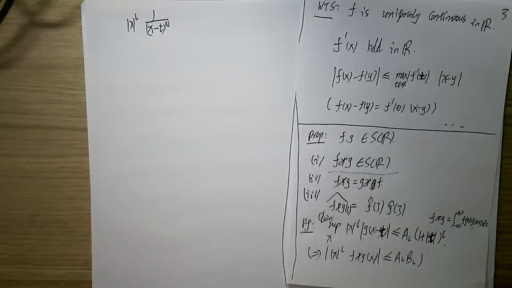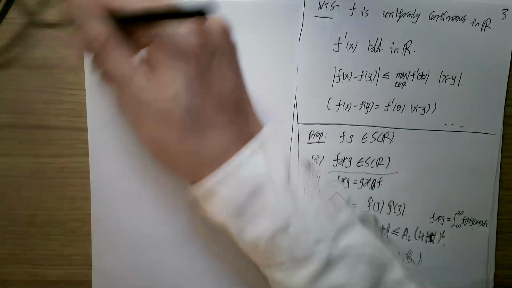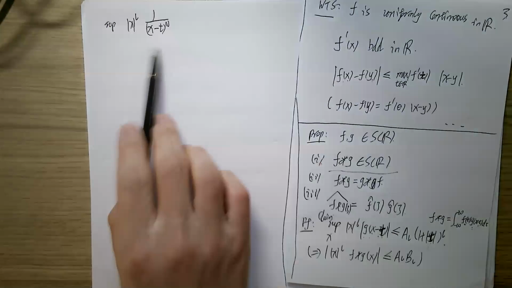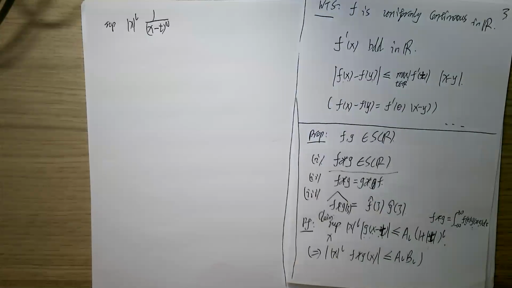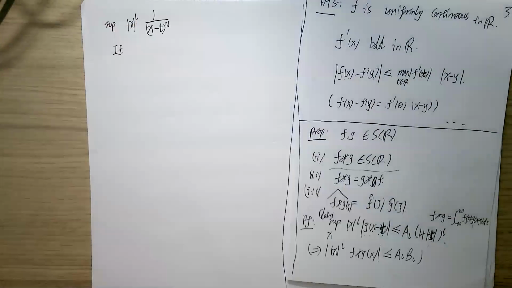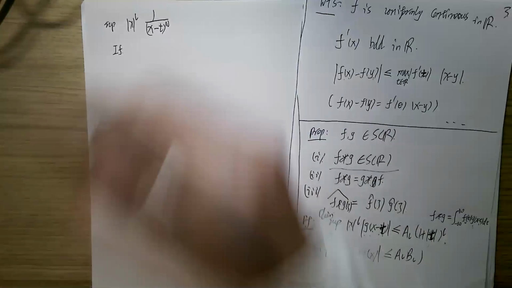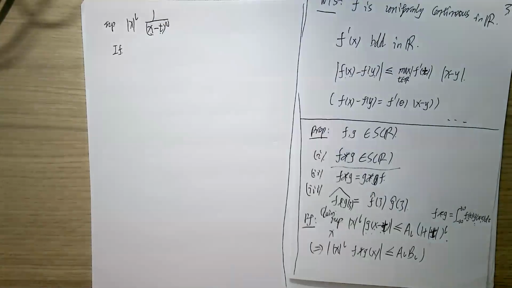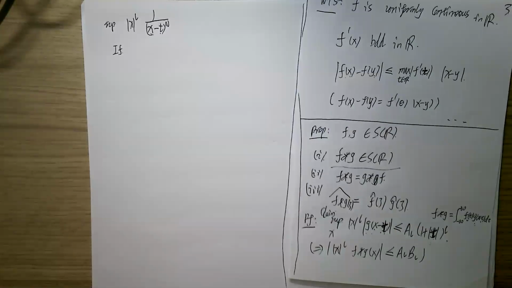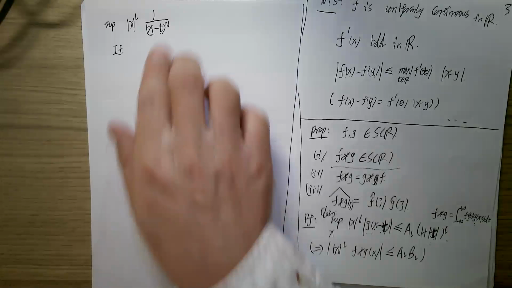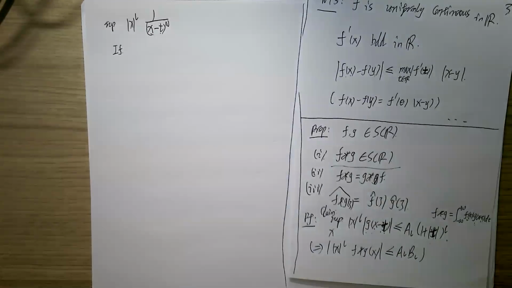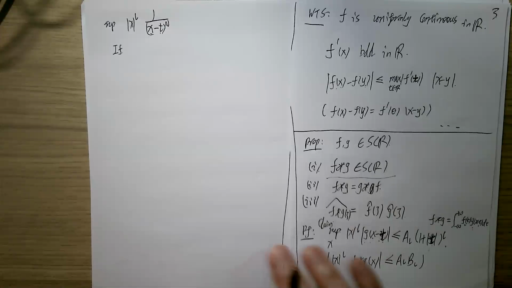This kind of thing. So how can we estimate it? You want to estimate it by something like t to some power, right? Then what we can do is argue whether this x minus t can be bounded by x or by t, or which variable will dominate this term. Okay, x minus t, which variable will dominate?